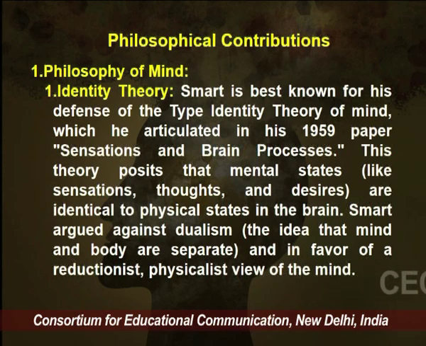Smart is best known for his defense of the type identity theory of mind, which he articulated in his 1959 paper Sensations and Brain Processes. This theory posits that mental states like sensations, thoughts, and desires are identical to physical states in the brain. Smart argued against dualism, the idea that the mind and body are separate, and in favor of a reductionist, physicalist view of mind.